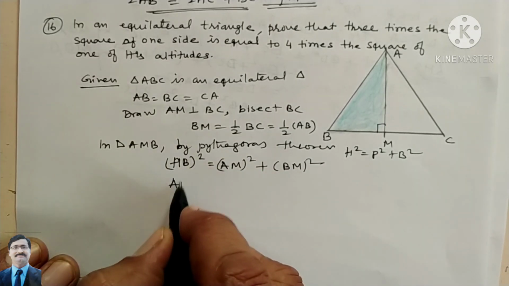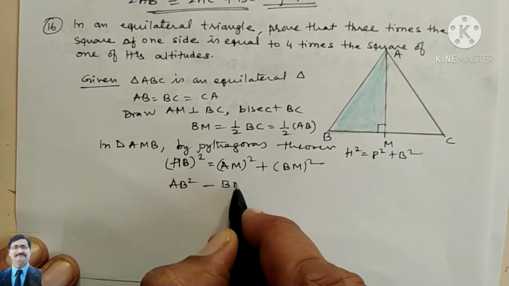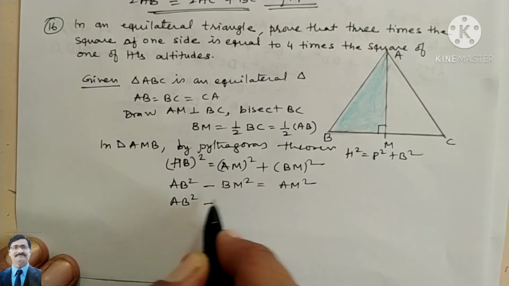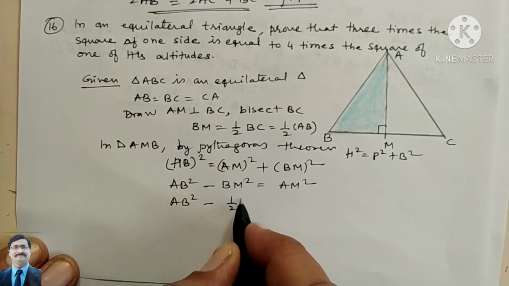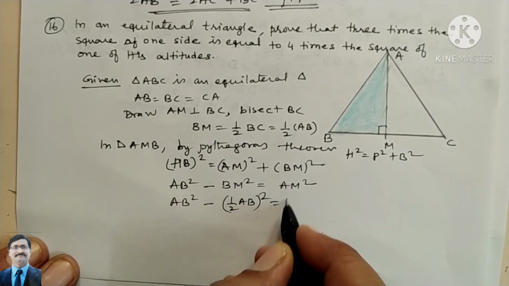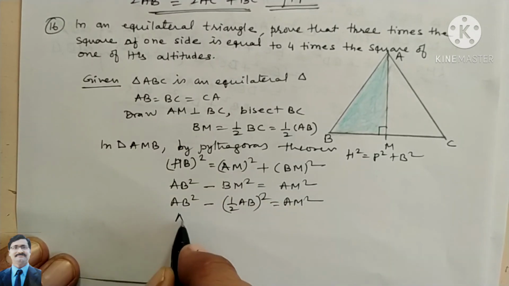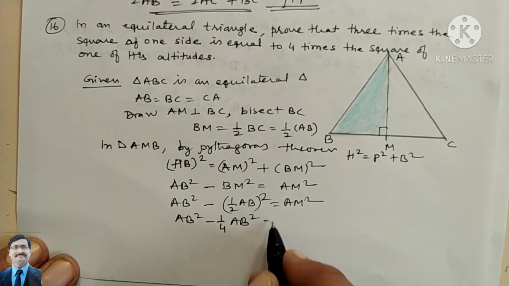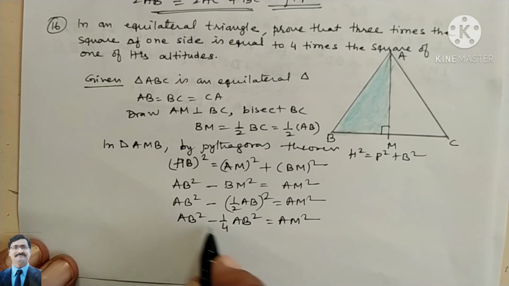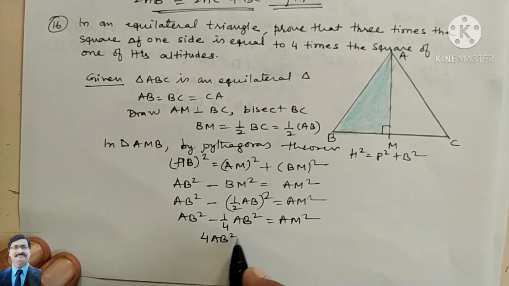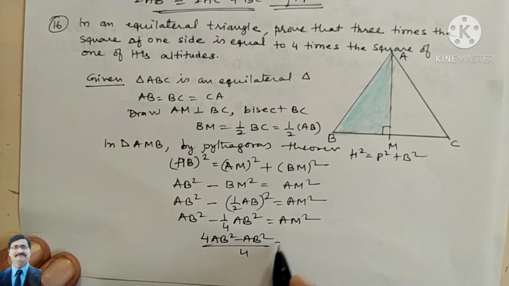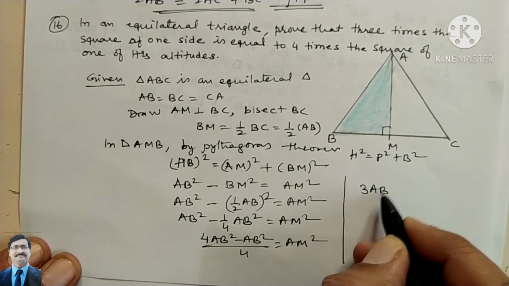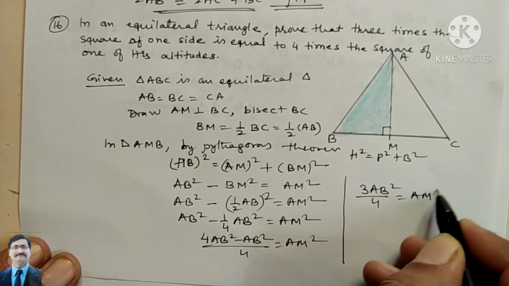Now look here, BM square we transfer to the left hand side, equal to AM square, and in place of BM we can write half of AB, and this is equal to AM square. This is AB square minus 1 upon 4 AB square equal to AM square, and we take LCM, we get 4AB square minus AB square upon 4 equal to AM square. This will be 3AB square upon 4 equal to AM square.